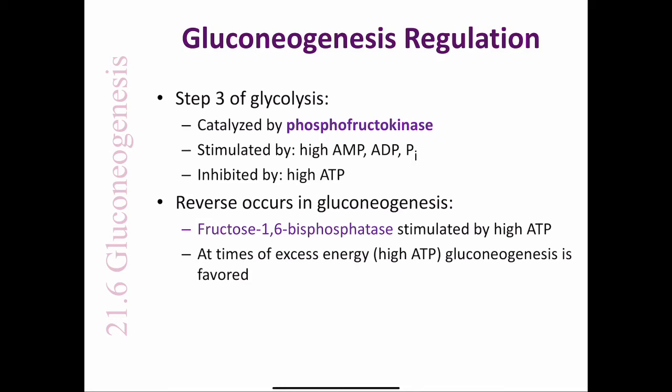This enzyme is stimulated by high concentrations of AMP, ADP, and inorganic phosphate, signals that the cell needs energy. When the enzyme is active, glycolysis proceeds. On the other hand, when ATP is plentiful, phosphofructokinase is inhibited and fructose 1,6-bisphosphatase is stimulated. The net result is that in times of energy excess or high concentrations of ATP, gluconeogenesis will occur.